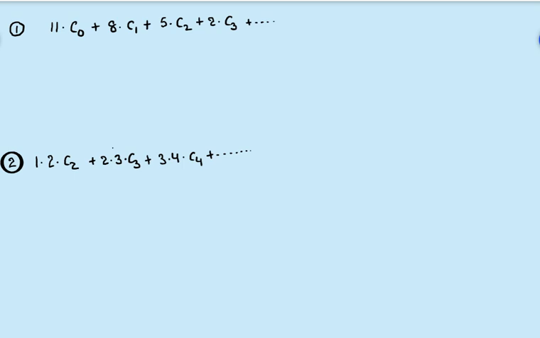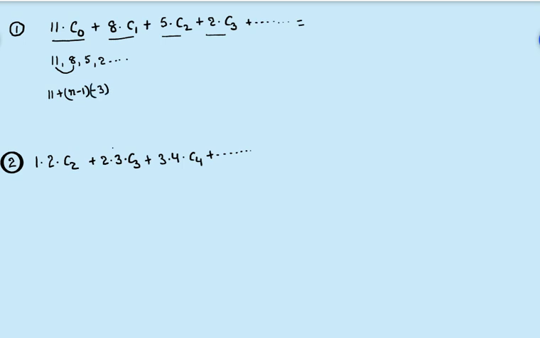Right. So you see this particular question: 11 into C0 plus 8 into C1 plus 5 into C2 plus 2 into C3 plus and so on. This summation we have to find out. Whether you observed or not, the first term is 11, the next term is 8, the next is 5, the next is 2, and so on. This is in AP with the common difference as minus 3, or not? Can you tell me what is the rth term? The rth term is equal to a plus r minus 1 into d.